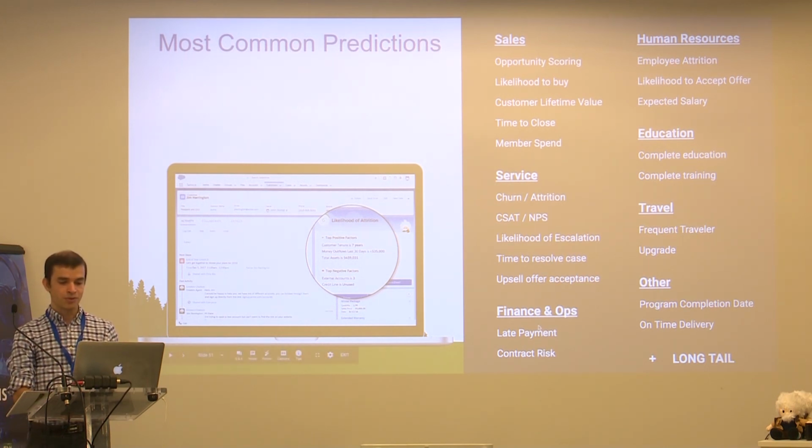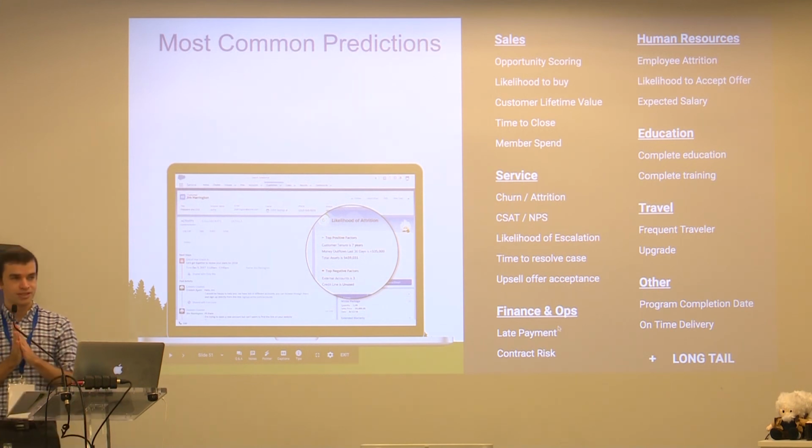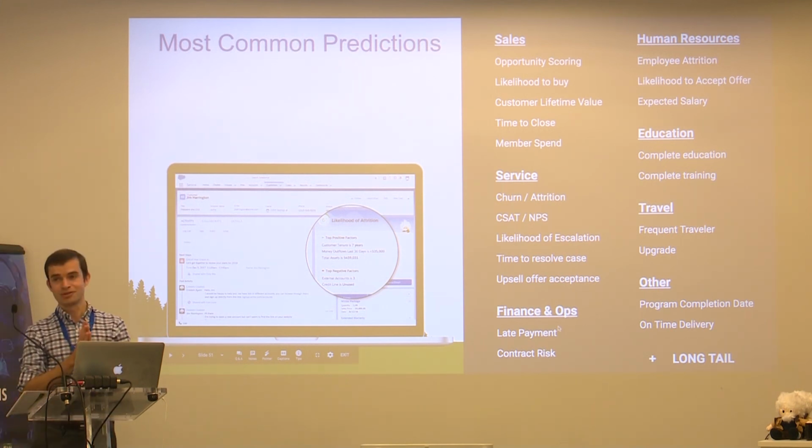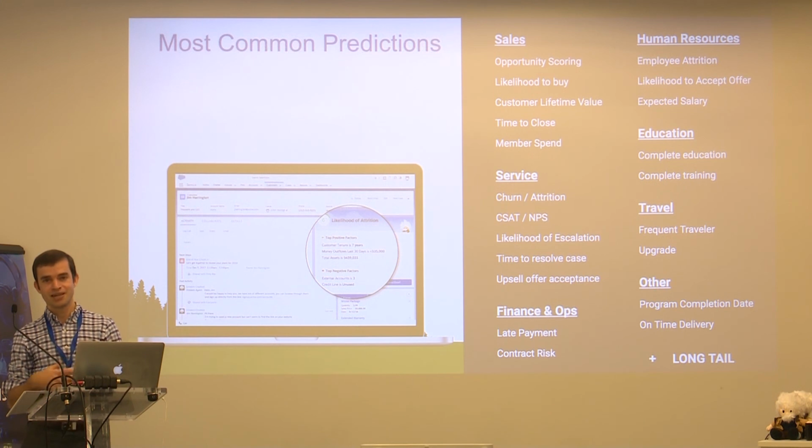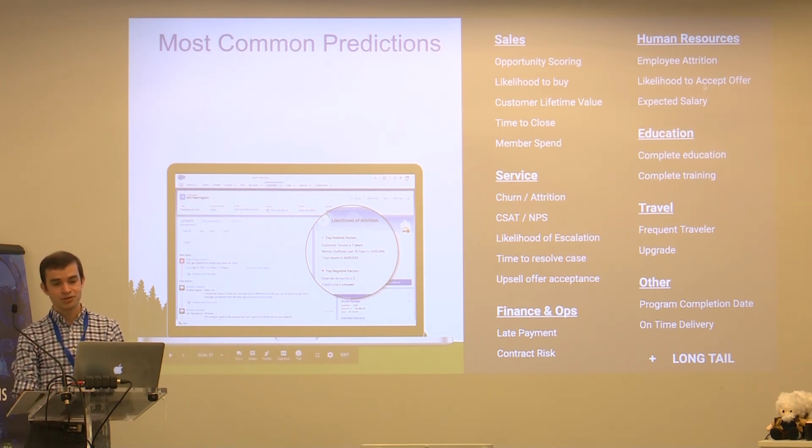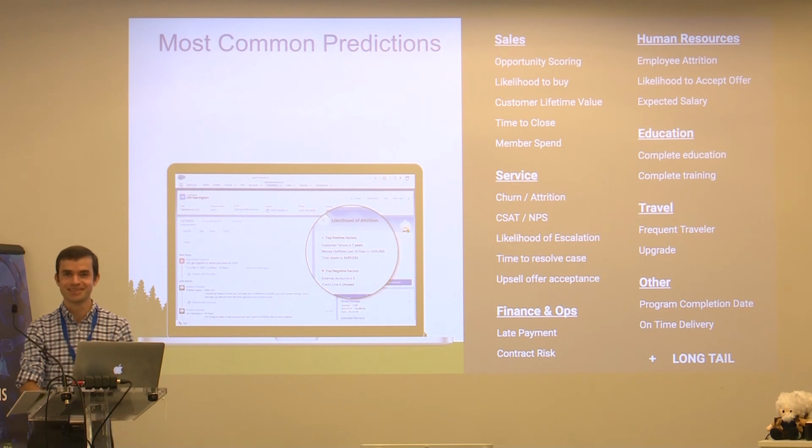A very popular use case, and if you come to the Einstein keynote, you'll see a customer talking about that, is predicting late payment. How likely is it that my customer is going to pay late? You can do customer attrition. You can do employee attrition too. What's the likelihood that Ed is going to leave Salesforce next week? I can try to predict that. Or likelihood to accept an offer.